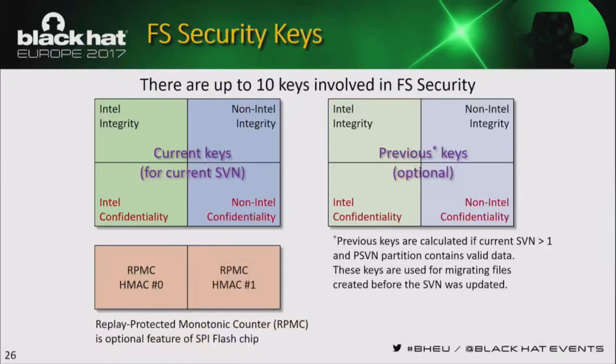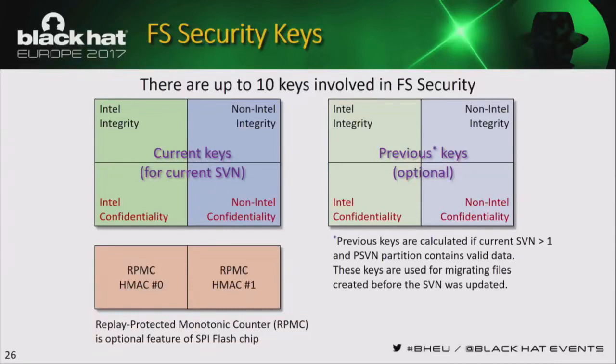We never see such chips with such an option enabled. But this is a kind of hardware counter that you couldn't manipulate. If there is no RPMC counter available, the management engine simulates it with a software version of the counter.